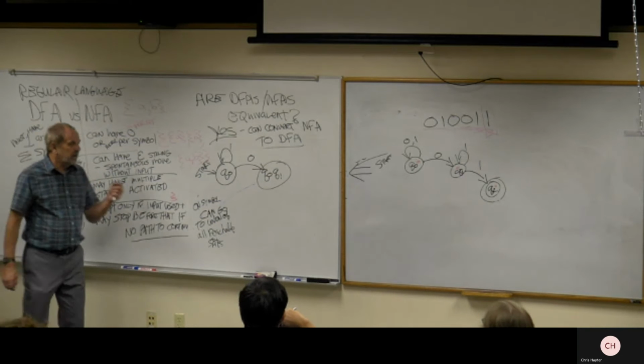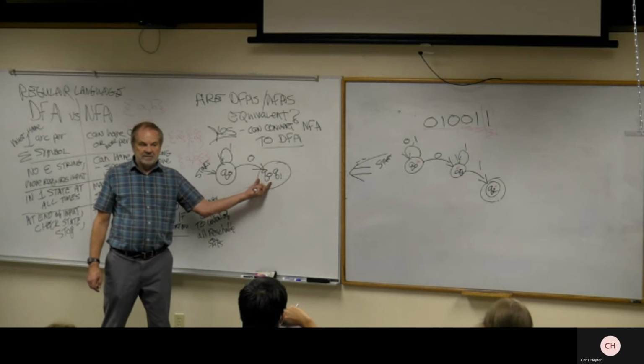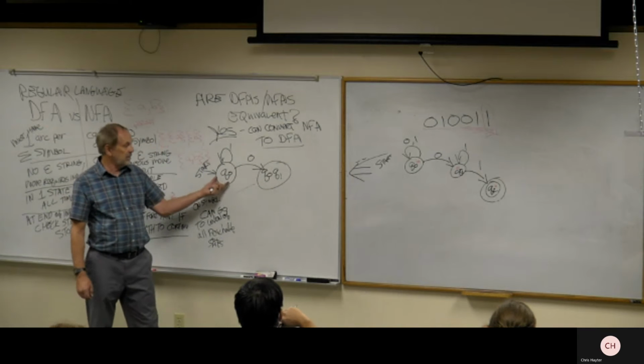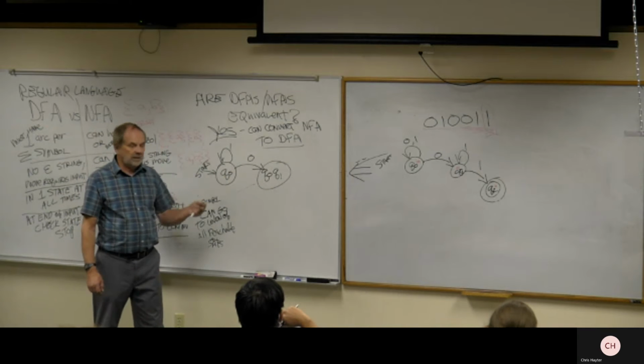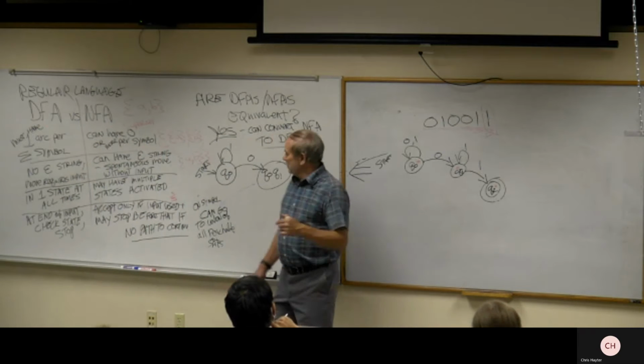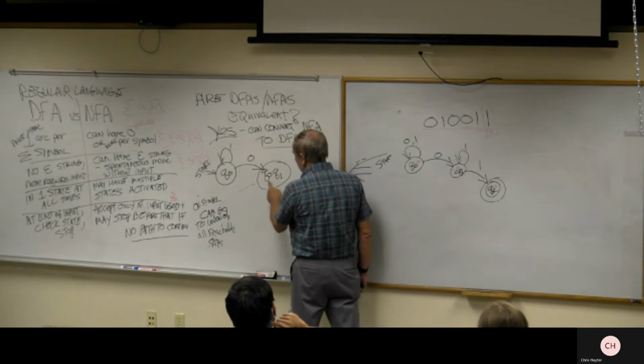We're just saying, look at all the places Q0 can go on a 0. And that happens to be Q0 and Q1. So on a 0, we just go to exactly these two states.